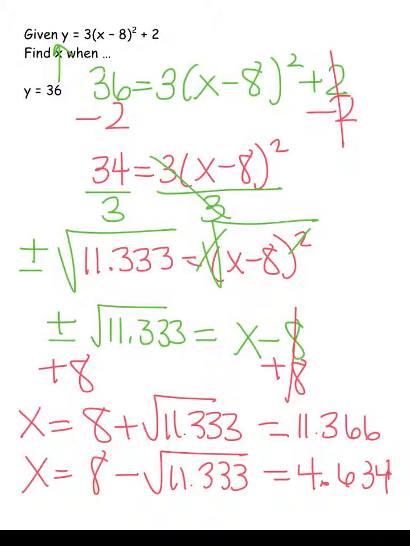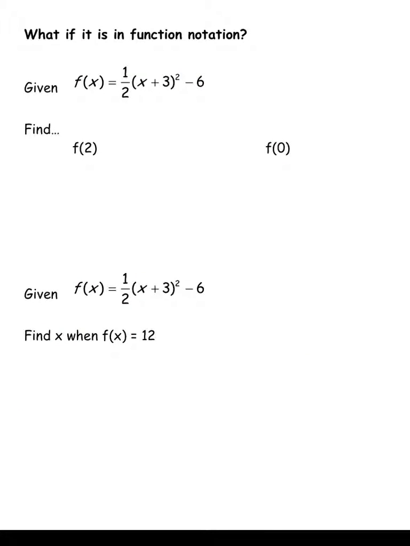Alrighty. Let's try one more. What about if it's in function notation? Remember that when it's in parentheses, it's been a while since we've seen this, that number in parentheses is the input. So that's your x value.